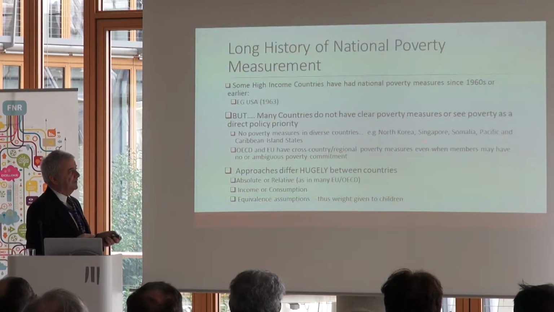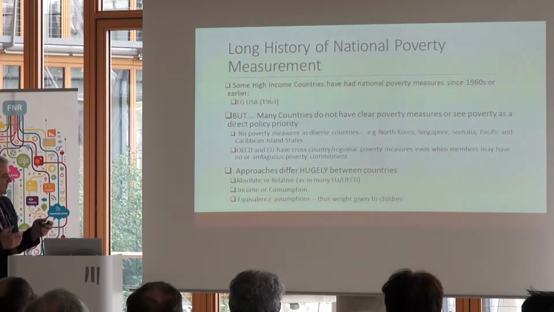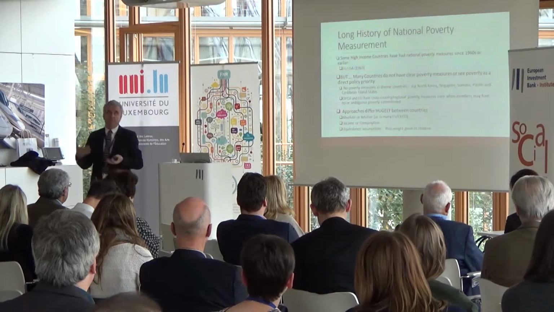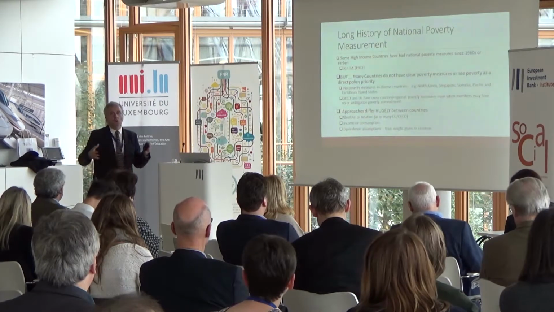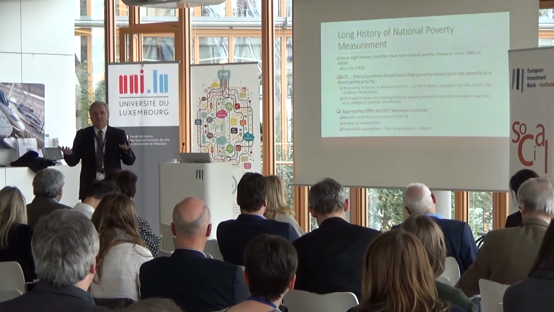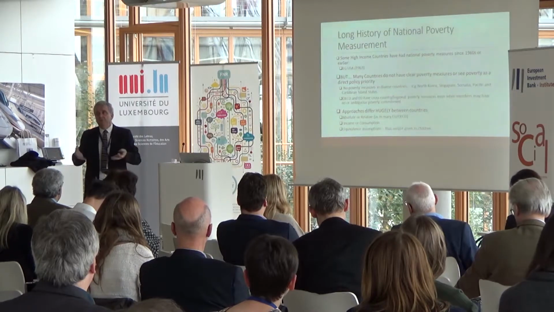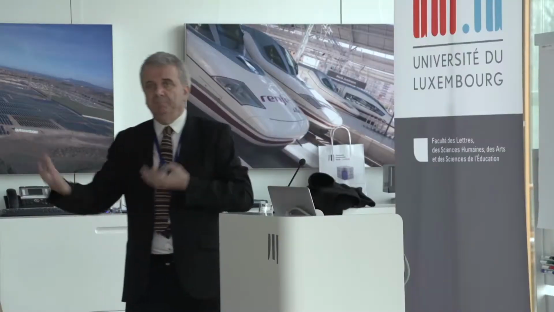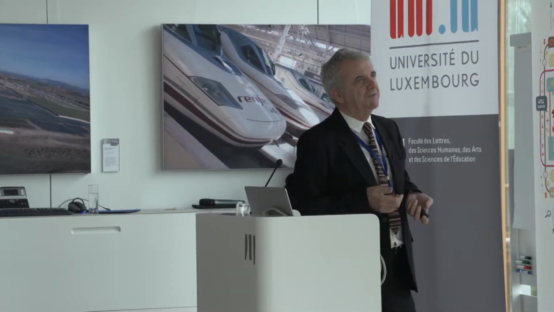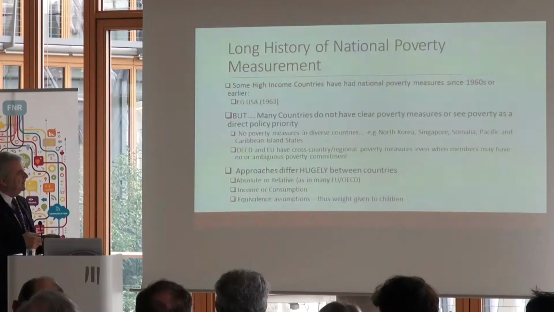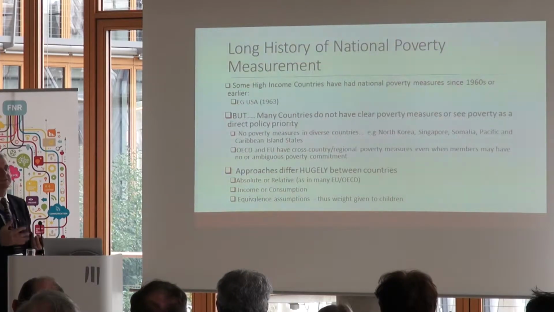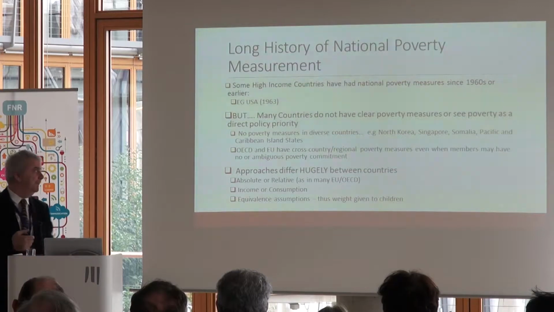Maybe it's because there's a poor recognition of poverty, or maybe in some countries there just isn't the capacity of national statistical offices, either because of fragility and poor governance, as in Somalia, or just because in a country of 100,000 people, or very small populations, the ability to produce regular poverty reports is not a priority. So we see many Pacific and Caribbean island states not reporting poverty.